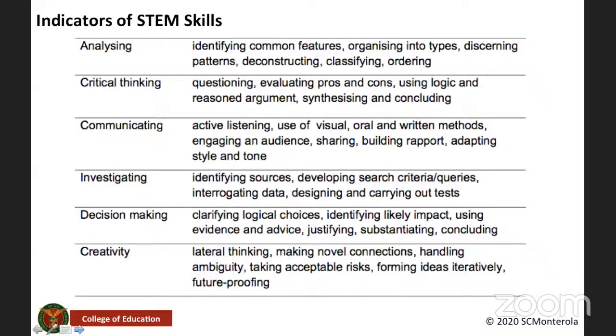Question posing is a very good indicator of critical thinking skill. Also evaluating pros and cons, using logic, putting forward an argument, reasoning out, being able to synthesize and conclude. These are again part of critical thinking.